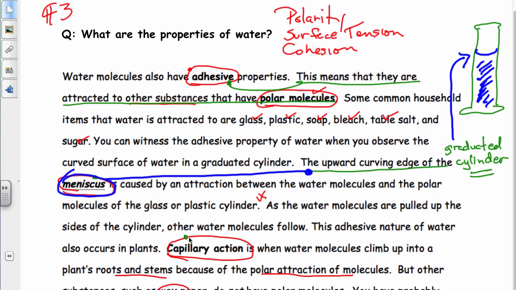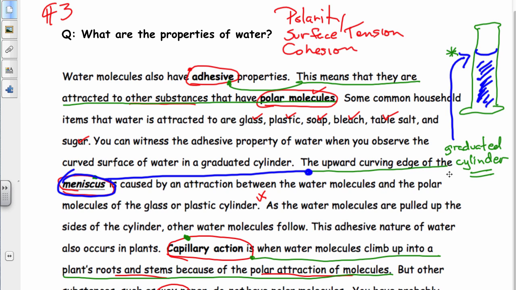So capillary action, another pretty cool idea that we took a look at. Capillary action is when water molecules climb up into a plant's roots and stems because of polar attraction of molecules. This is actually even a form of capillary action. We typically would say when we see a larger container and we see water up on the sides of containers, we don't really usually call that capillary action because it's a large container.